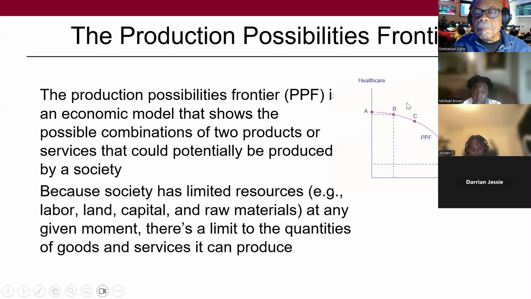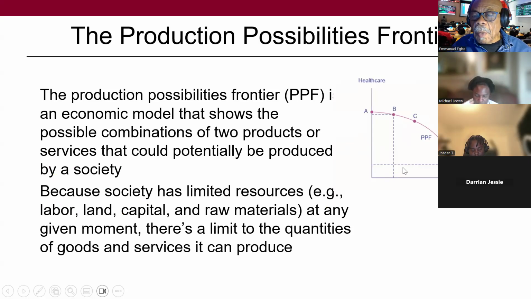Now, as you can see in the picture here, this is a model of production in an economic system. The model produces healthcare and education. As you can see here, there is the concept of opportunity cost.